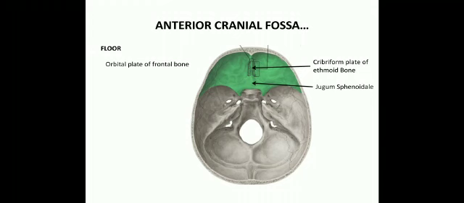On either side we can see the orbital plate of the frontal bone, and it is completed posteriorly by the lesser wing of the sphenoid. So in the median plane we observe the cribriform plate of the ethmoid and the anterior aspect of the jugum sphenoidale. On the lateral aspect there is the orbital plate of the frontal bone and the lesser wing of the sphenoid bone.